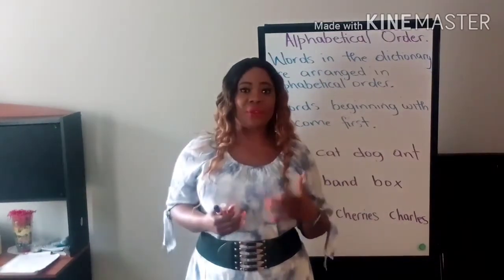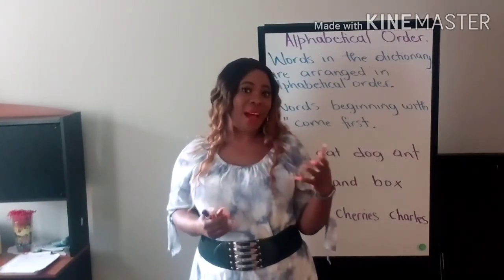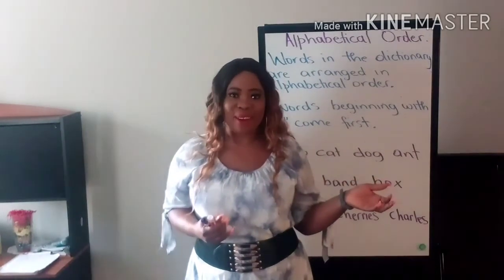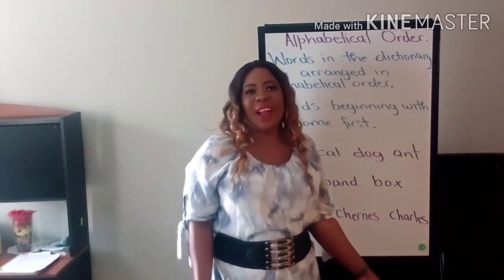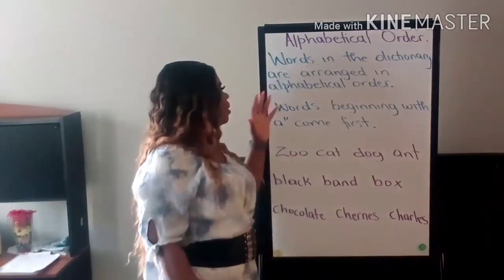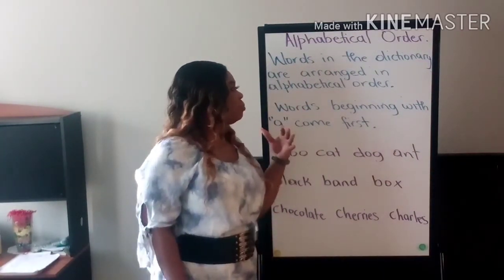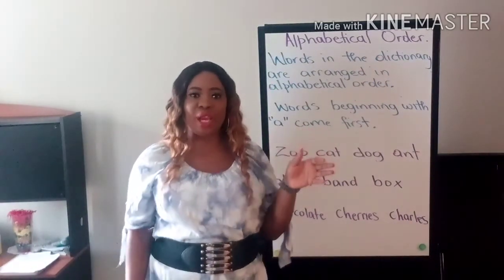So it's only fair that I teach you so that, guess what? You are ahead, all right? So I'll jump right into it. Now guys, alphabetical order is how words are arranged in the dictionary, okay?